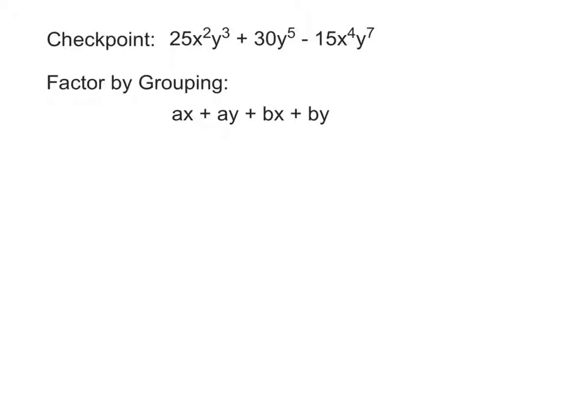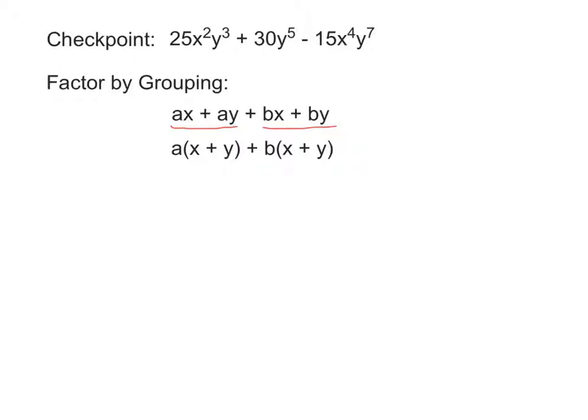But if I look at the first 2 terms, namely ax plus ay, I'll notice that a is common to both of those terms. And then if I look at bx plus by, I can see that b is common to both of those terms.